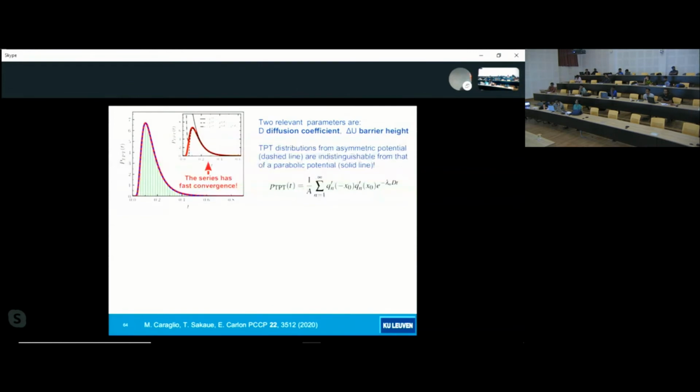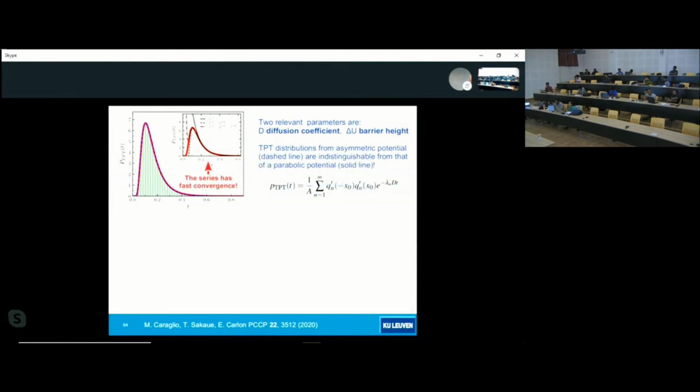The inset shows how we calculate this transition path time distribution by summing eigenfunctions, and how the convergence of the series goes. If you take only one element of this infinite series, n equal to 1, you have an exponential decay, the black curve indicated with first. If you take two terms, you have the dashed line.